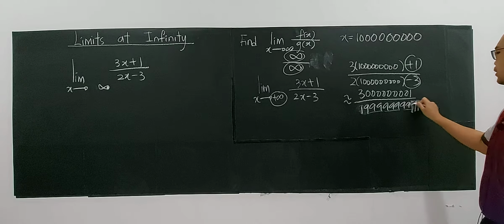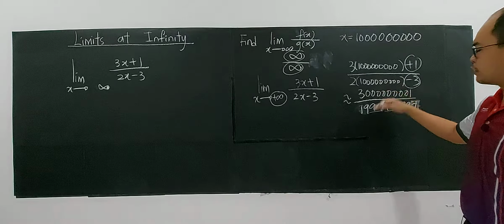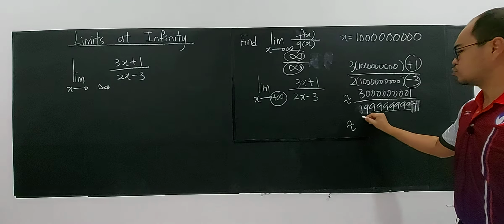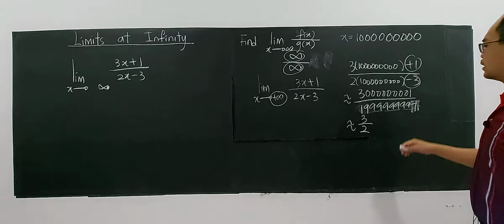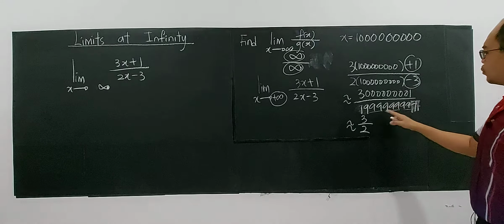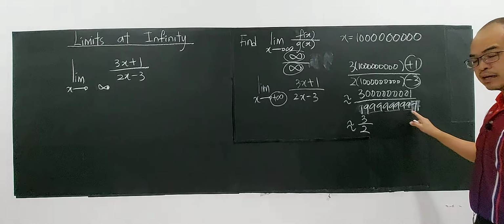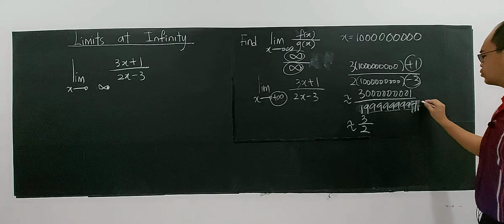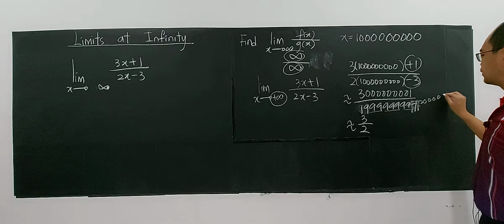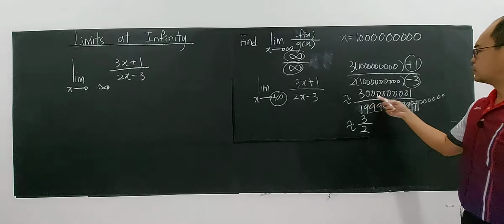So when you divide, this number is very near to 3 over 2. It's very near to 3 over 2. This number, if you round off, is almost 2 billion, and this one is 3 billion.